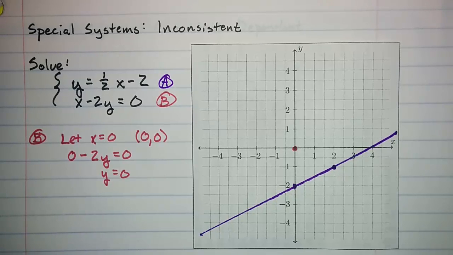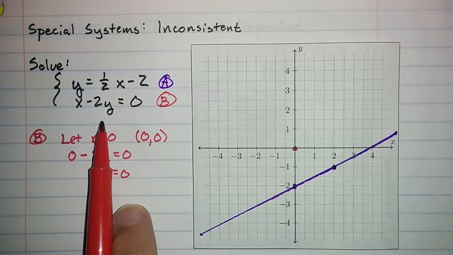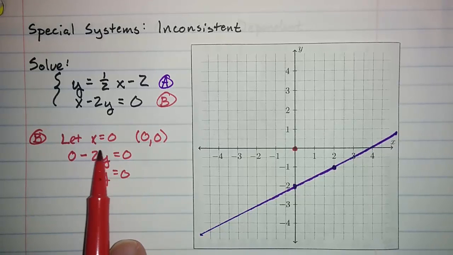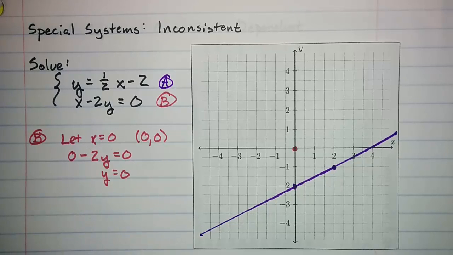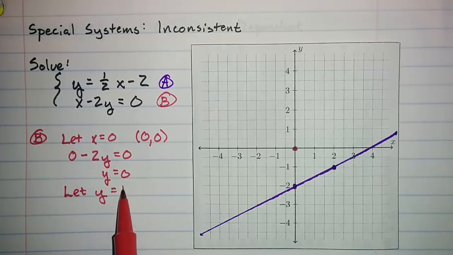Well, we have a lot of choices. We could rewrite this in slope-intercept form, or we could just, instead of picking one of the variables equals 0, try a different number. Maybe we can let y equal 1.